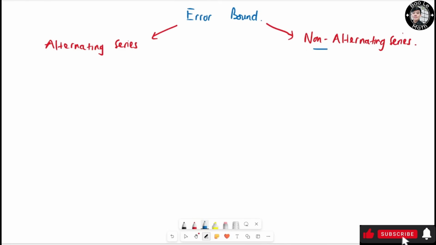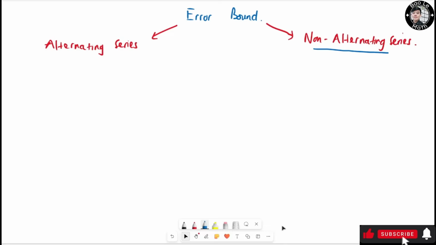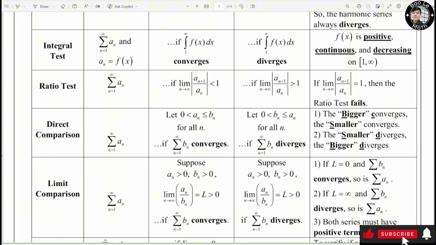Now, when it comes to the non-alternating series, we're going to use this formula right here. Now, in order to find the interval of convergence for a Taylor series, we mostly use the ratio test. So here's the ratio test. You need to take the limit of the absolute value of a sub n plus 1 over a sub n.